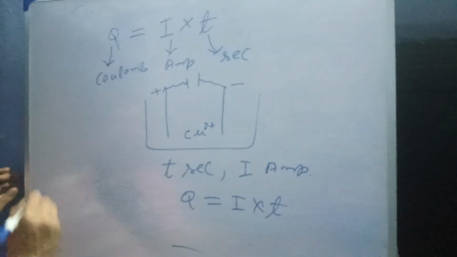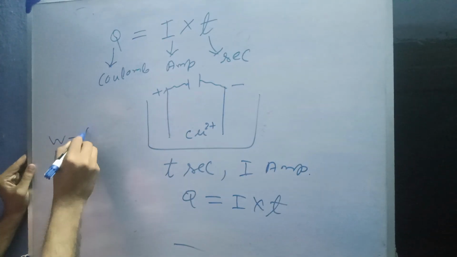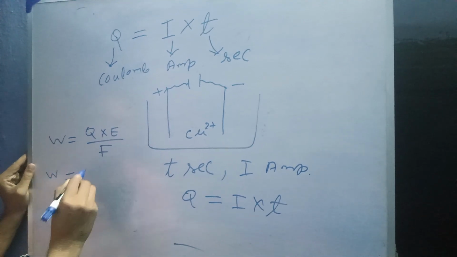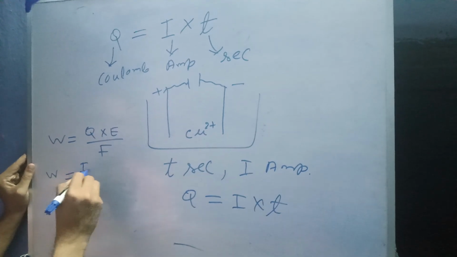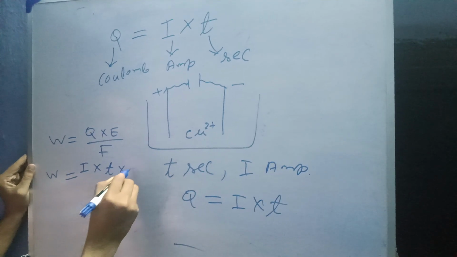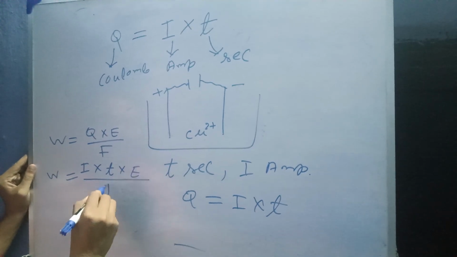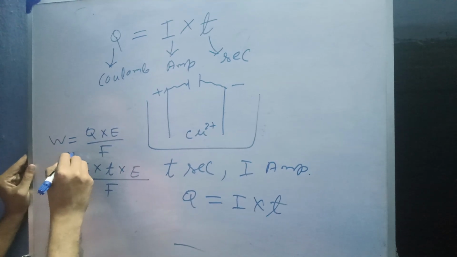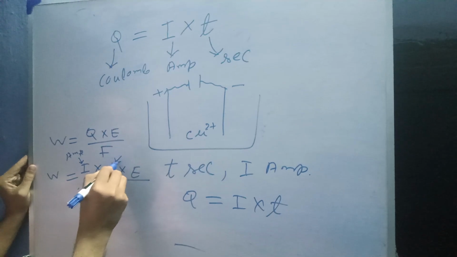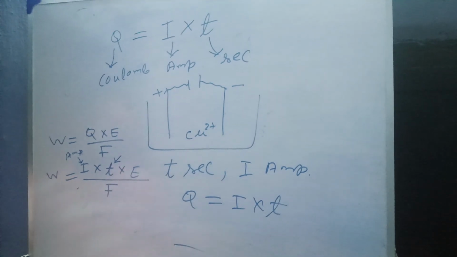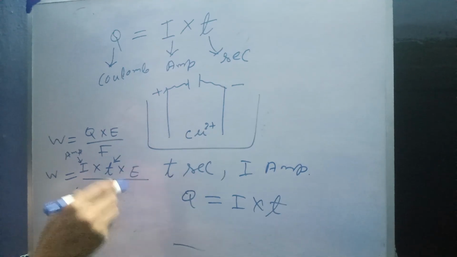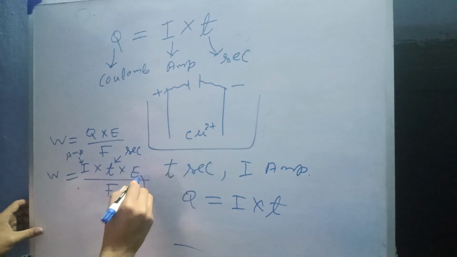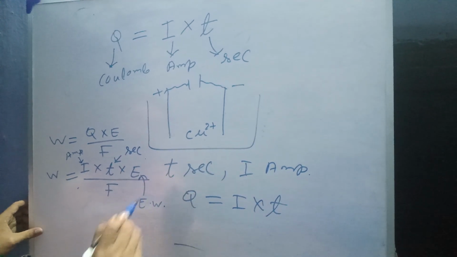So we may write W is equal to Q into E by F, hence W is equal to I into T into E by F, where I is in ampere, T is the time duration of the reaction in second, and E is the equivalent weight of that substance.